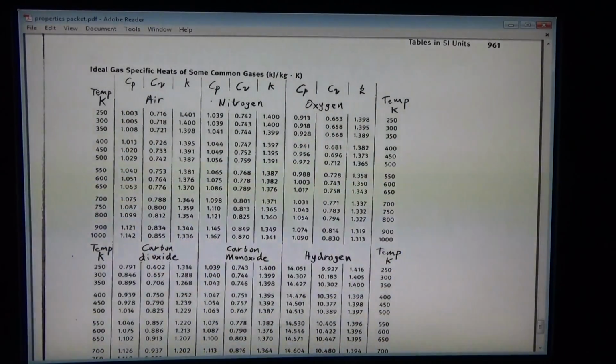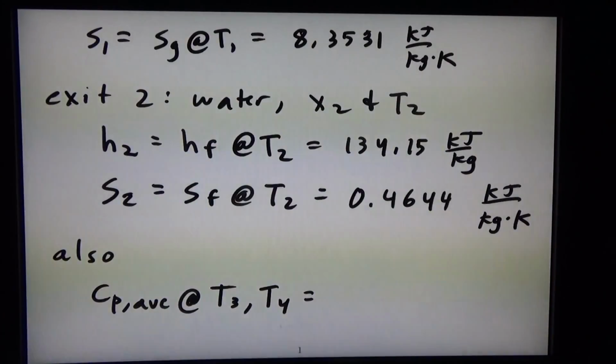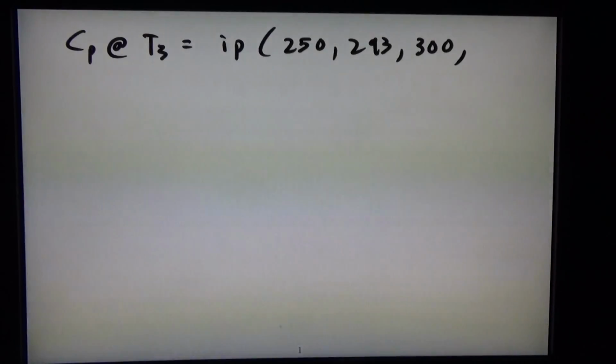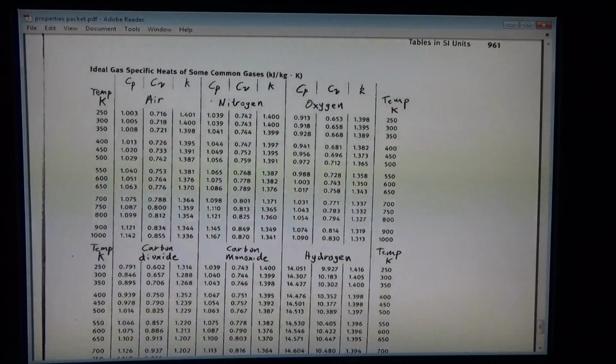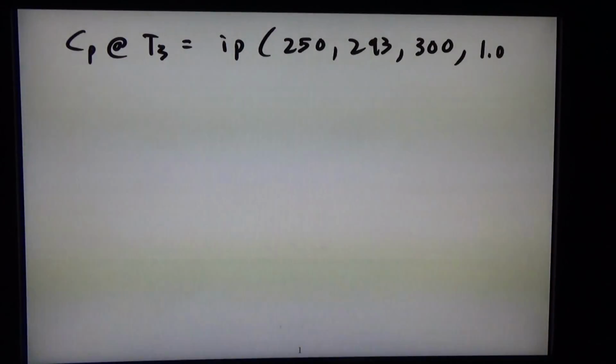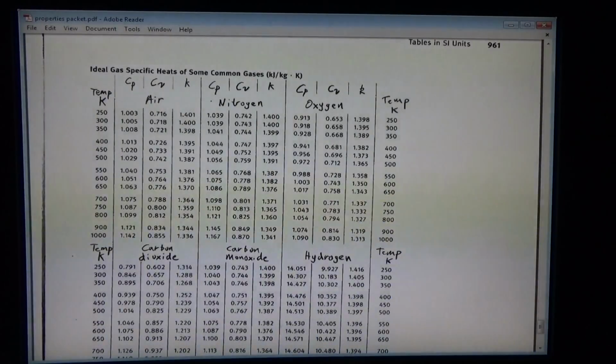Alright, so we can do the interpolation here, might as well. Let's get C sub P at T3, interpolating here 250, 293, and 300. At 250 we saw a value of 1.003, and at 300 we saw a value of 1.005.